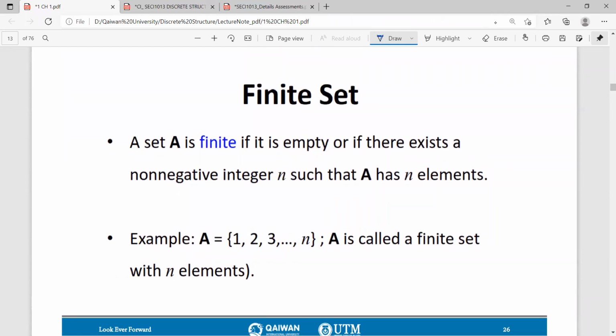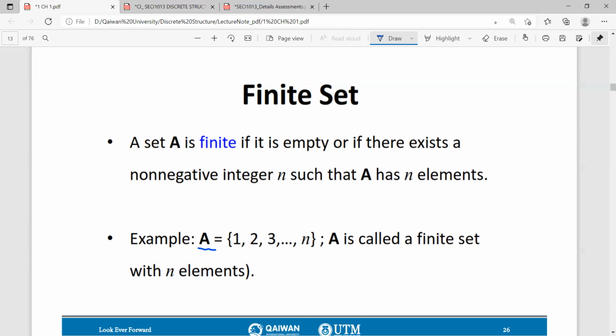Generally, we have two types of sets: finite sets and infinite sets. A finite set is a set that has a certain number of elements. Here we say A equals 1, 2, 3, up to n, where n is an integer. Let's say n is 100, or 1,000.